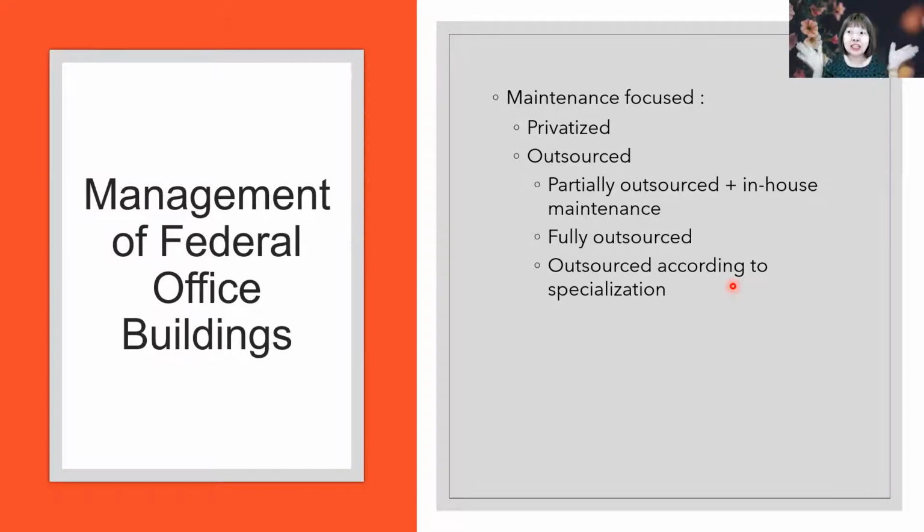And when certain parts of our buildings are broken, a small part, like the lightings, lampu rosak, that will be in-house. But kalau bangunan structures ada rosak, like the other day, kalau the whole wiring kena tukar, then we will outsource. So this is the difference.